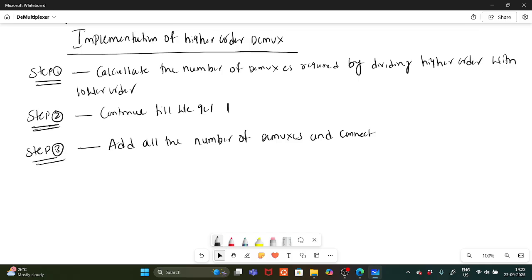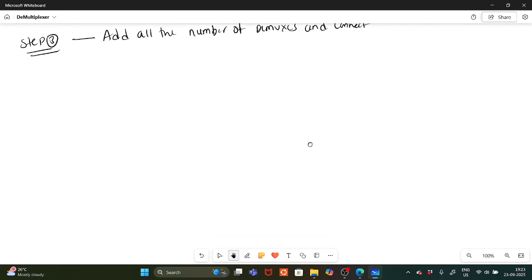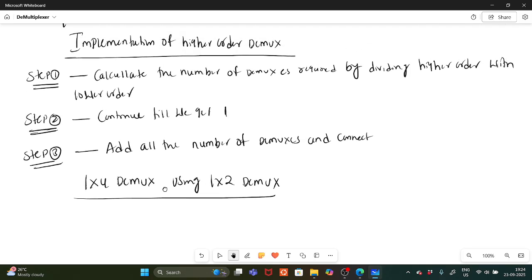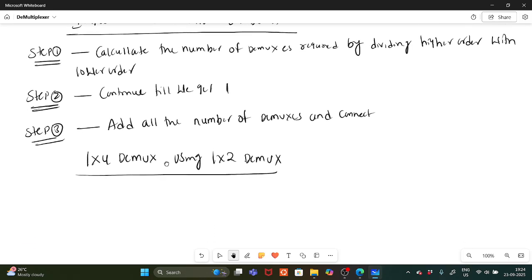How to implement? These are the steps. I want to implement a 1 cross 4 demux using 1 cross 2 demux. First step: calculate the number of demuxes required by dividing higher order with lower order.